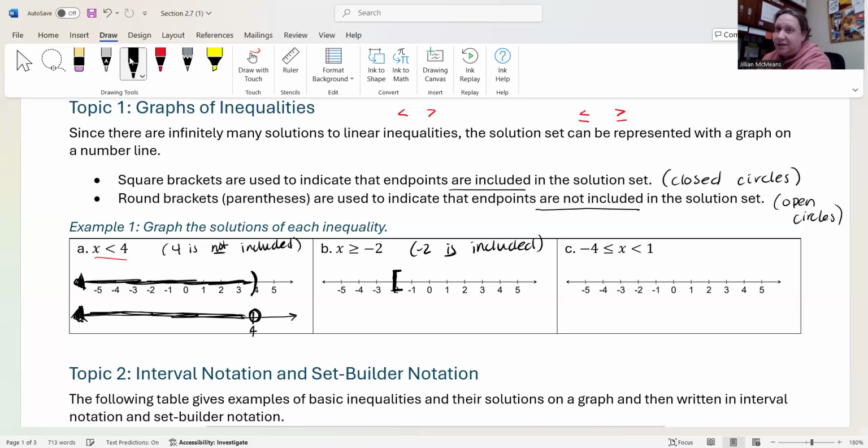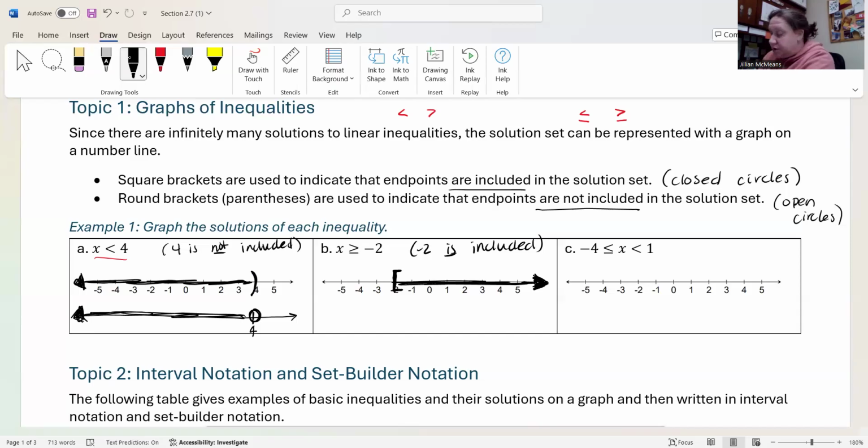There can't be any like, ooh, is it round, is it not? You have to be very clear it's rounded or it's square. And in this case, because x is greater than -2 or equal, we're going to shade to the right. This tells us that values that make the inequality true would be -2 or anything bigger than that.